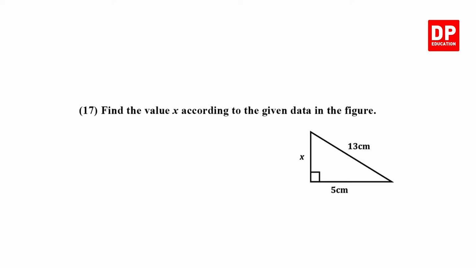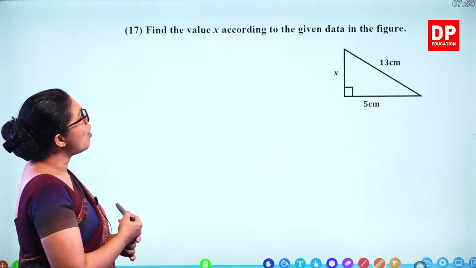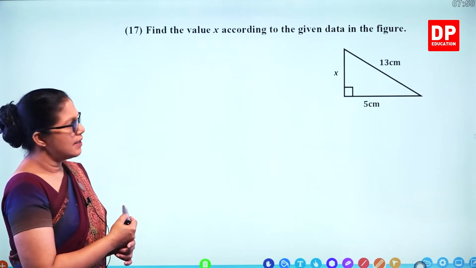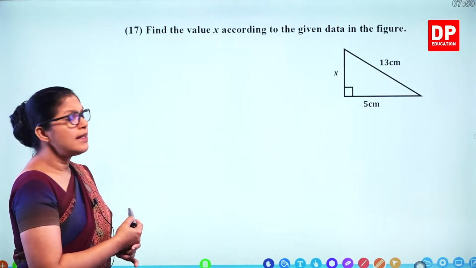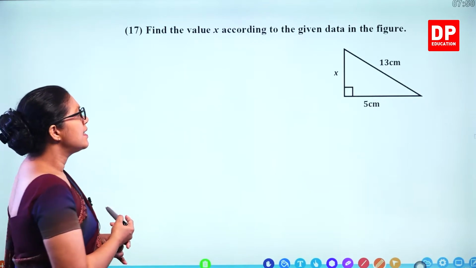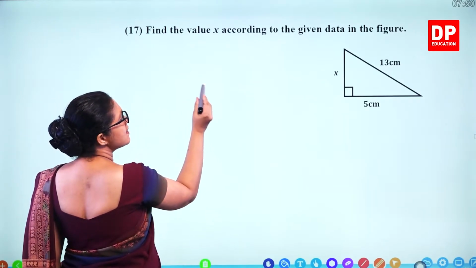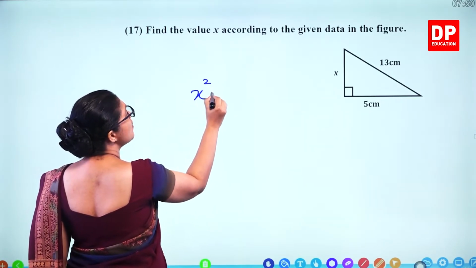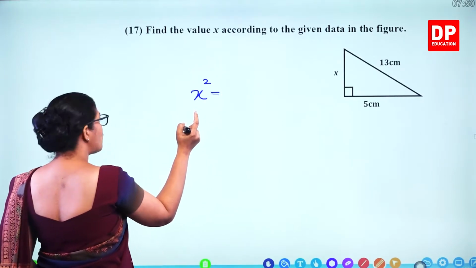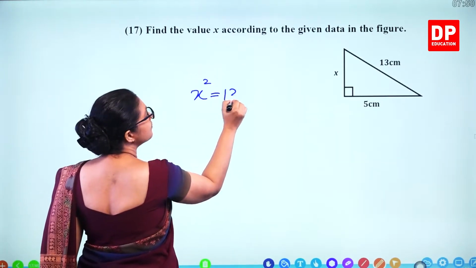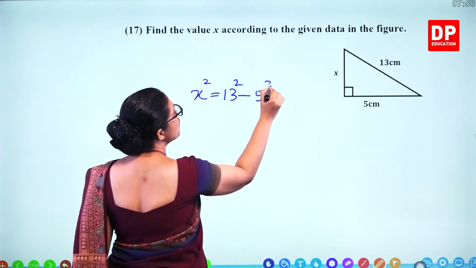Question number 17. Find the value of x according to the given data in the figure. So it's a right angle triangle. You can use Pythagoras theorem. So we can say x squared is equal to 13 squared minus 5 squared.